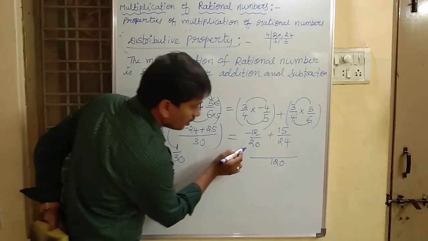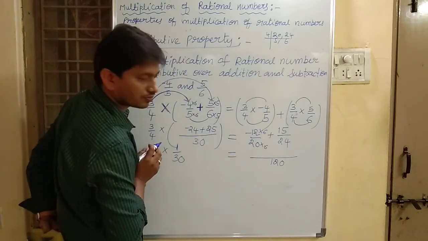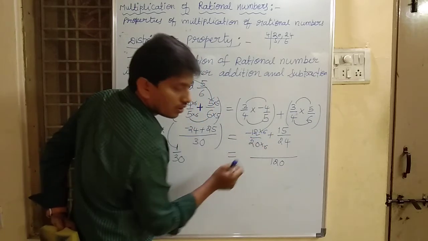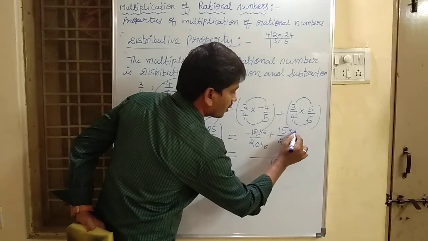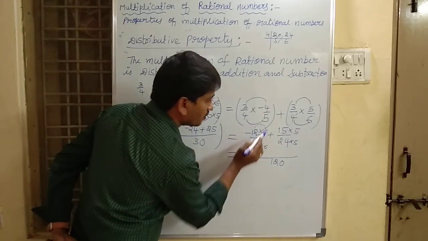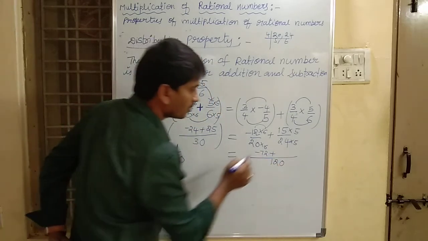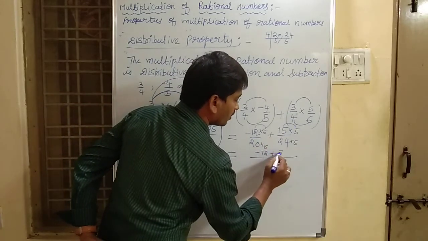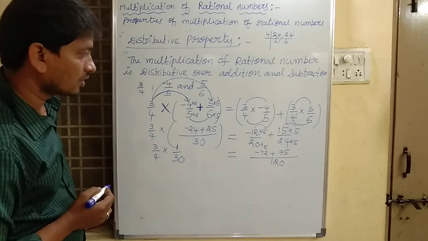In 20 table, 20 into 6 is 120, into 6. In 24 table, 24 into 5 is 120, into 5. Now minus 12 into 6, minus 72, plus 15 into 5, 75. Right?